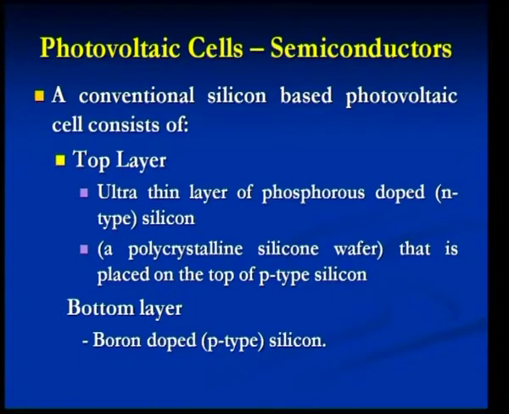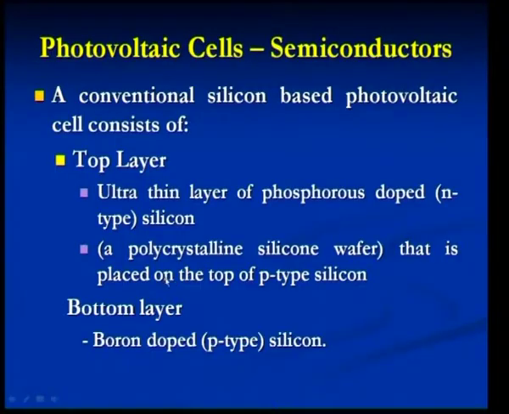A conventional silicon based photovoltaic cell consists of a top layer and a bottom layer. The top layer consists of an ultra thin layer of phosphorus doped silicon. This is called N type silicon, because it has one electron in excess in the system. So, it is an ultra thin layer of phosphorus doped silicon, called the N type, consisting of a polycrystalline silicon wafer that is placed on top of the P type silicon.